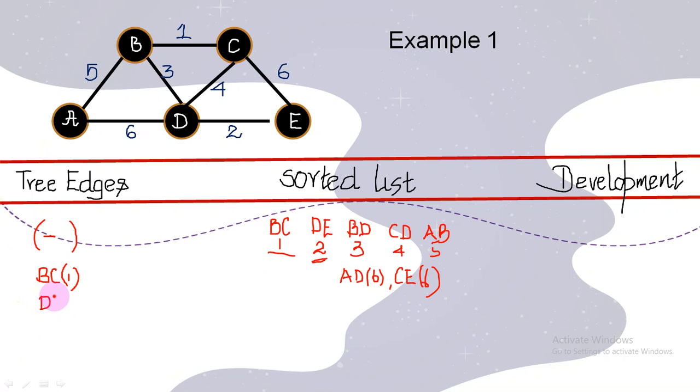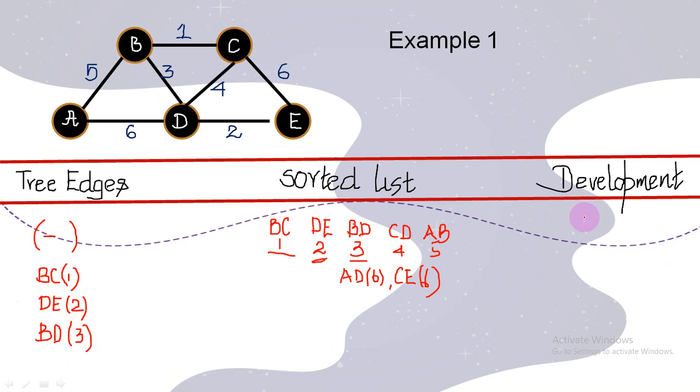Therefore, it chooses DE, which is 2. Then it has to choose BD. So BC is selected, DE is selected, and BD can be selected because there is no formation of a loop. BD is also selected, that is 3. Weight is 3.